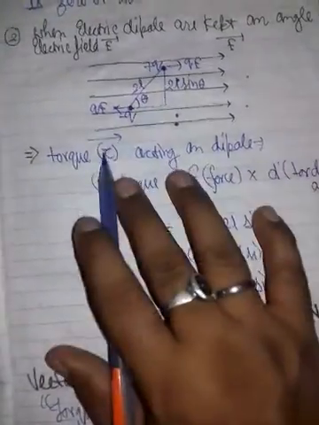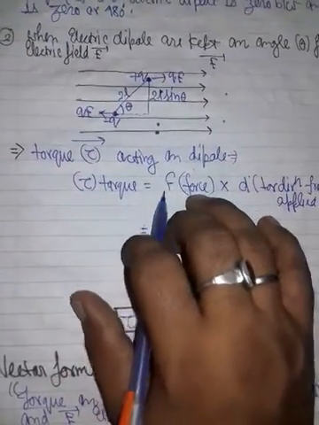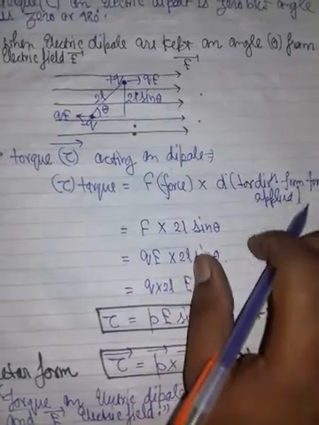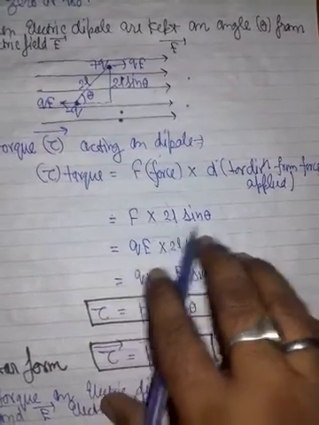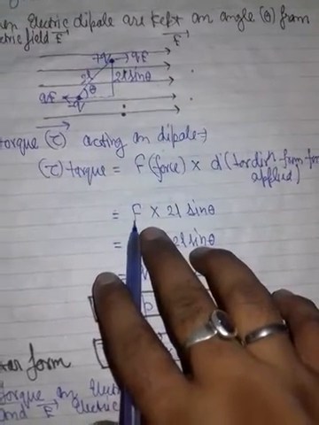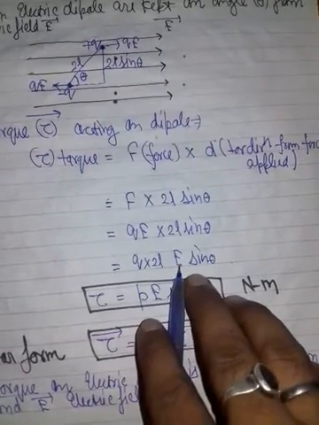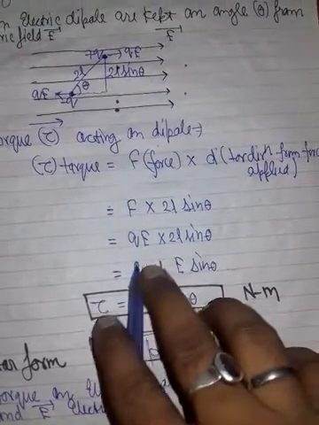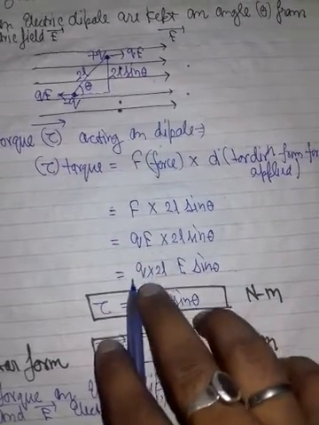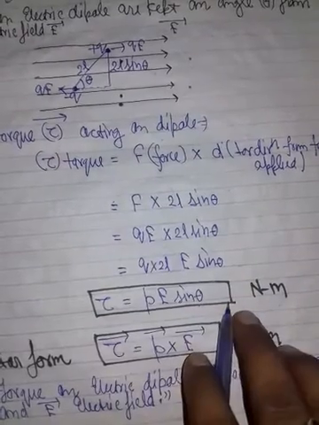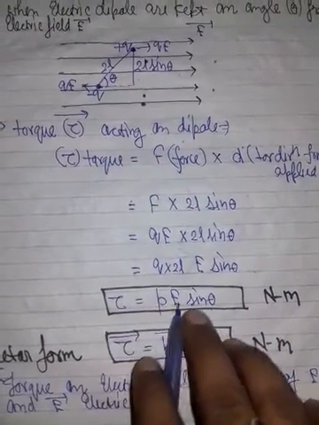and by the formula, torque equals force times perpendicular distance from the force applied, that is F into 2L sin theta. Putting the value of F equal to QE, that is Q into 2L E sin theta, and Q into 2L is the electric dipole moment P, so we have got the derivation and the torque value, that is PE sin theta.